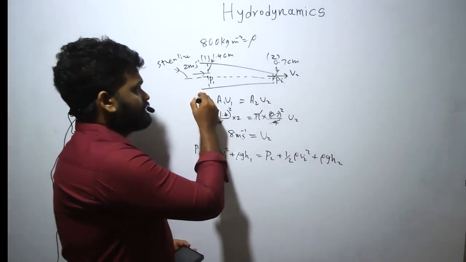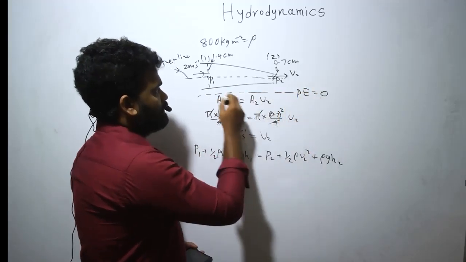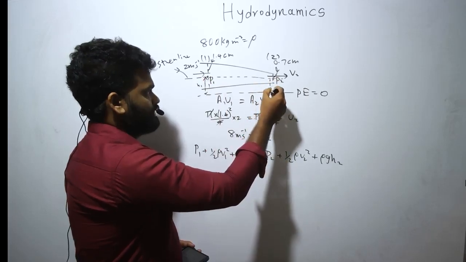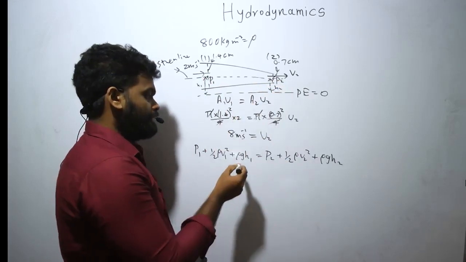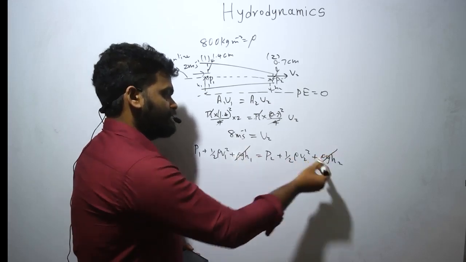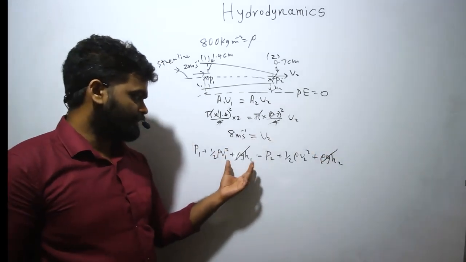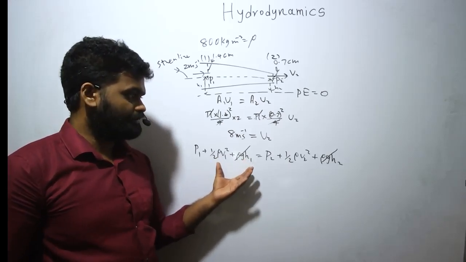Here, if you consider a P equals 0 line, you can see this point has the same height, right? h1 and h2 are equal. So you can get rid of this term first. I'm explaining this because this is the first question regarding Bernoulli's equation.